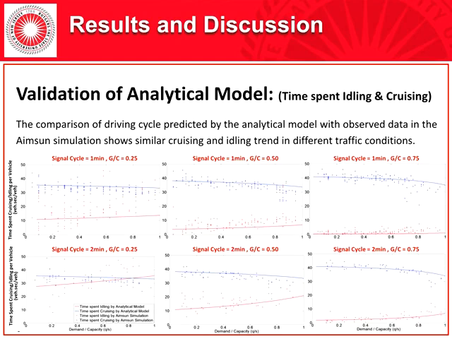Similarly, here you can see the trend of variation of time spent in idling and cruising, calculated by the analytical model, which are the blue and red lines. The blue line is for cruising time, and the red line is for idling time.